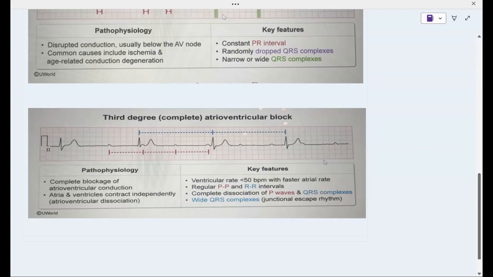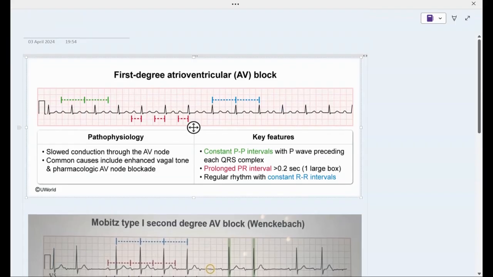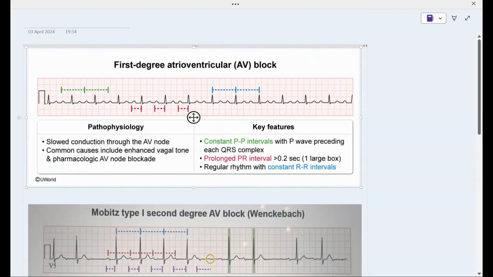Okay. Now how to easily distinguish? First thing is that we will see whether the QRS always has a P wave before it or not. If all the QRSs have a P wave before them, so let's see, this has a QRS, and this has a P wave before it. All the QRSs have a P wave before them.